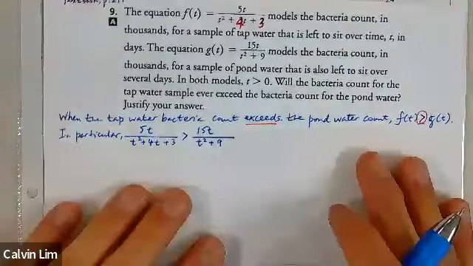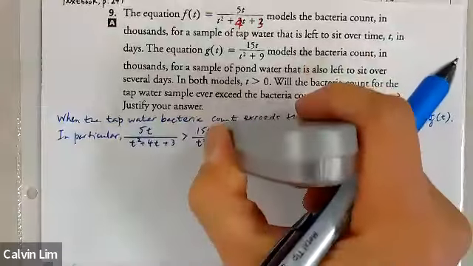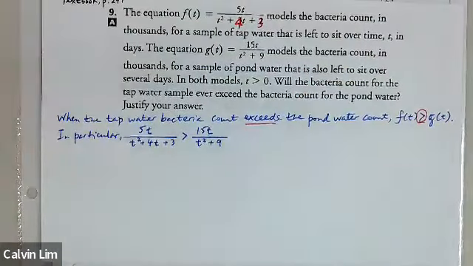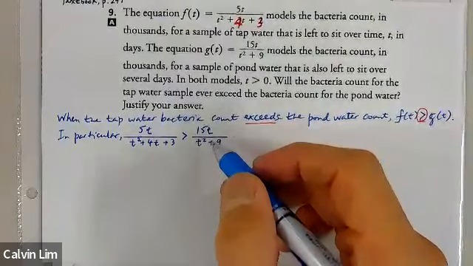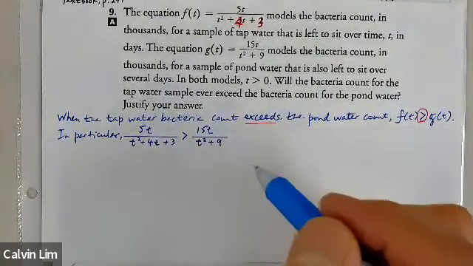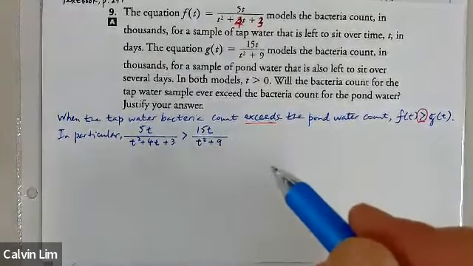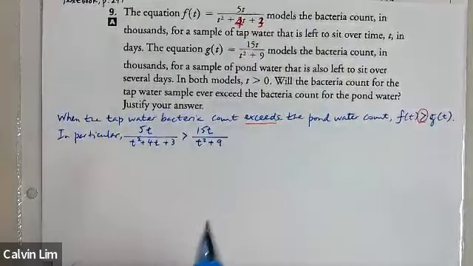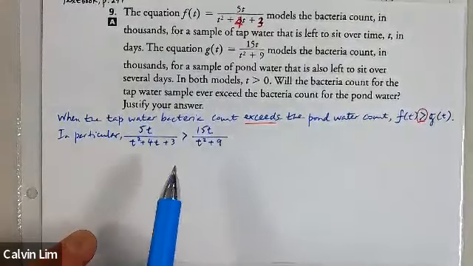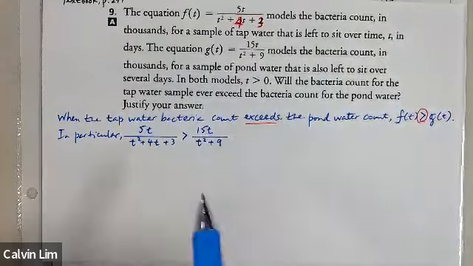To solve this inequality, what do you have to do? Make one side 0, to subtract one of them. Can you cross multiply? Generally not. But in this case, you actually can cross multiply if you know for a fact that what you're cross multiplying is either positive for sure or negative for sure.